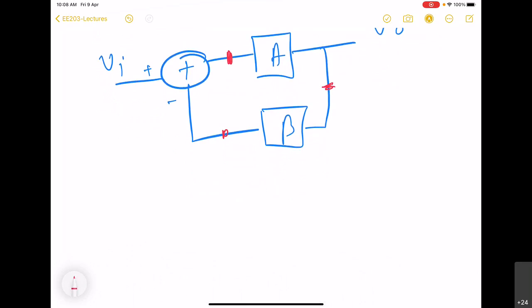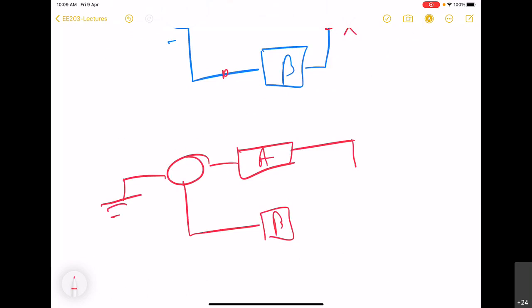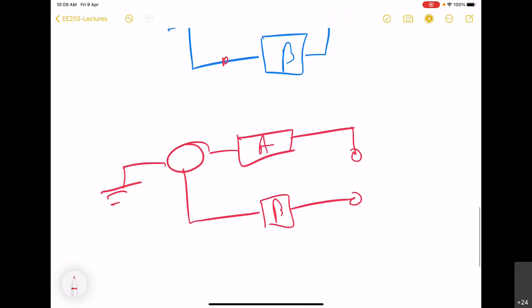For example, when we try to break at this location, what we will have is A here, beta here, and the external input set to 0. Then we apply, say, a test source here, and find out how much voltage we are seeing at the other end.